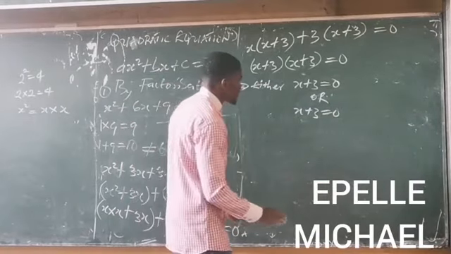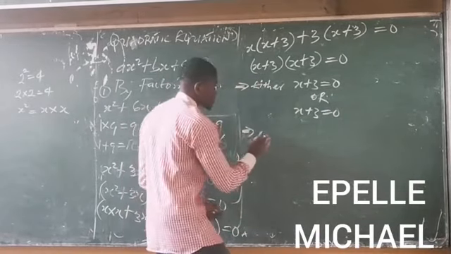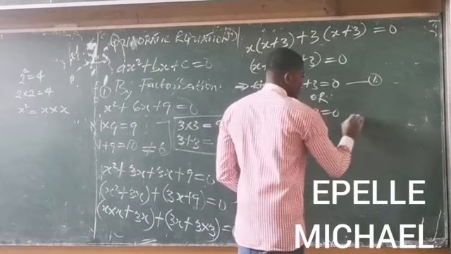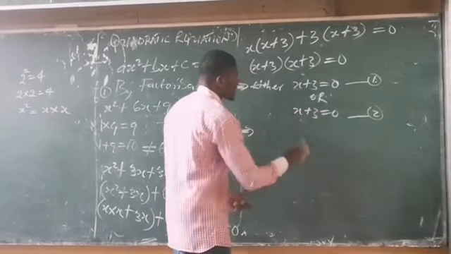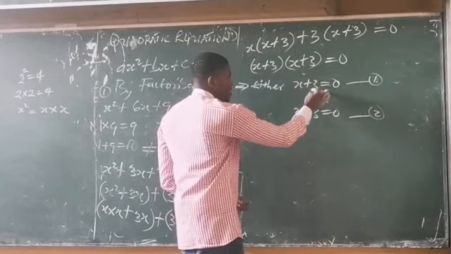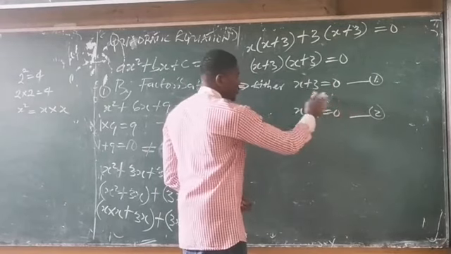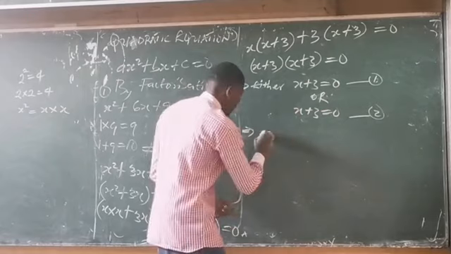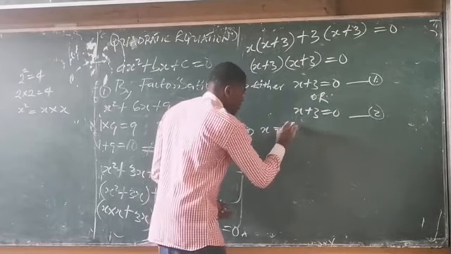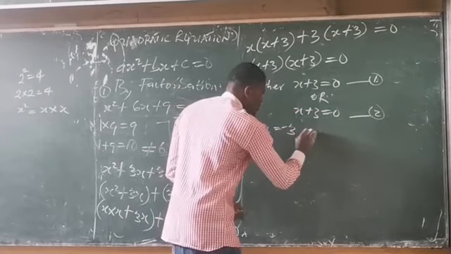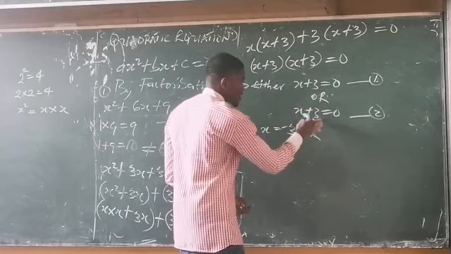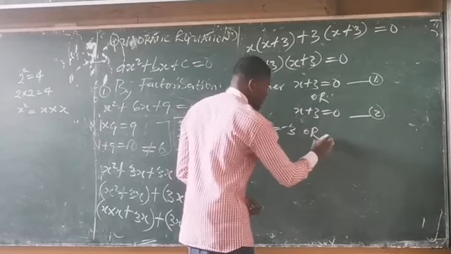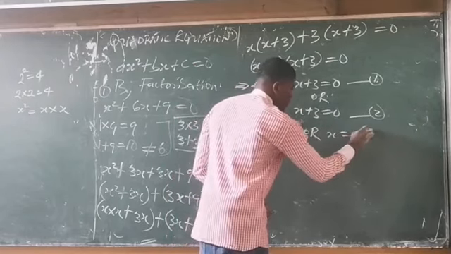Okay, and if this is the case, this is now equation 1 and this is now equation 2. It now means that from 1 I can send plus 3 over to this side of the equation, plus and equal to sign becomes minus. So I have x equal to minus 3, or also from this side, plus 3 and the equal to sign becomes minus, so x is equal to minus 3.